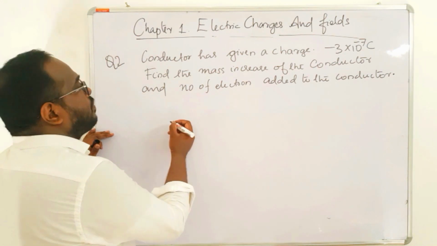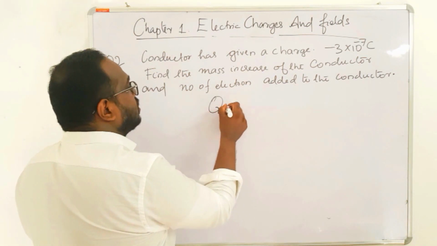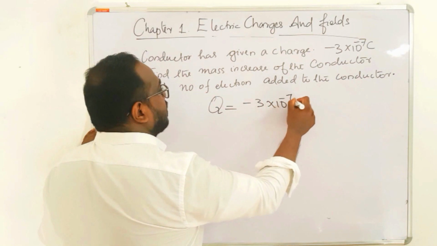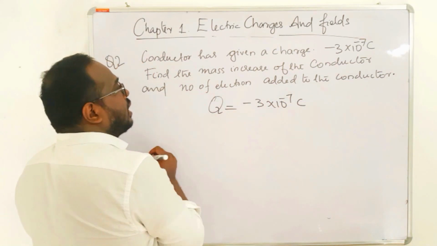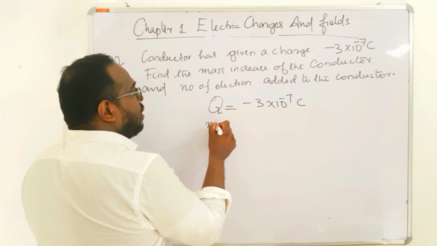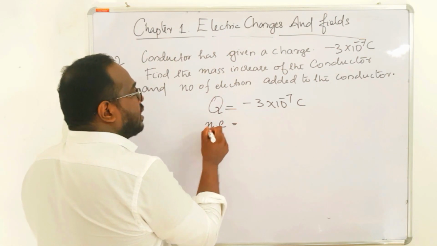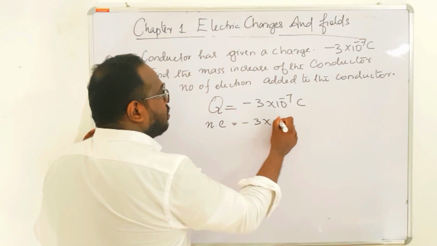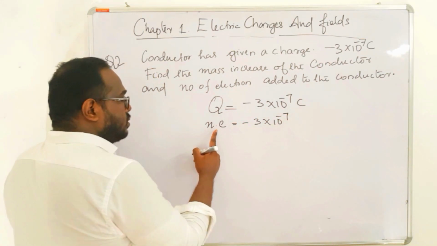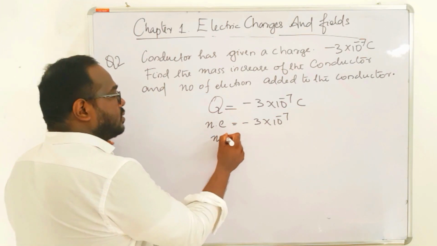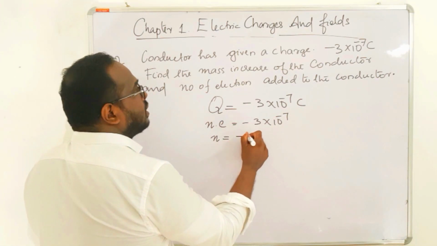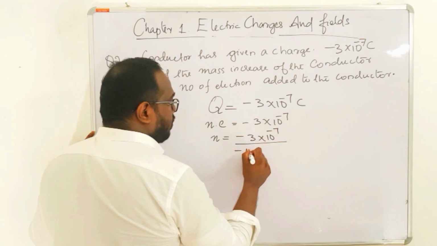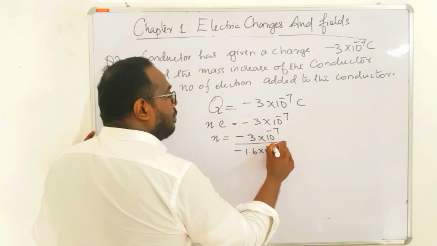Now I'll do this. What is given is the charge Q, 3 into 10 raised to minus 7 coulomb. Q is equal to the number of electrons into the charge, Q is equal to plus or minus NE. Here it is minus 3 into 10 raised to minus 7. So N, the number of electrons, is equal to minus 3 into 10 raised to minus 7 divided by minus 1.6 into 10 raised to minus 19.